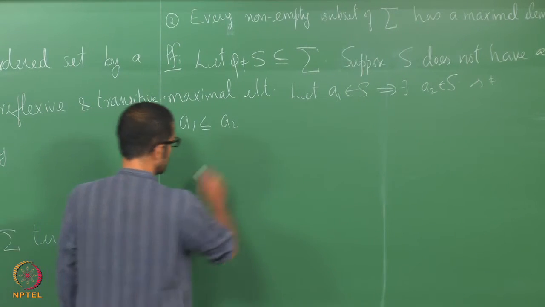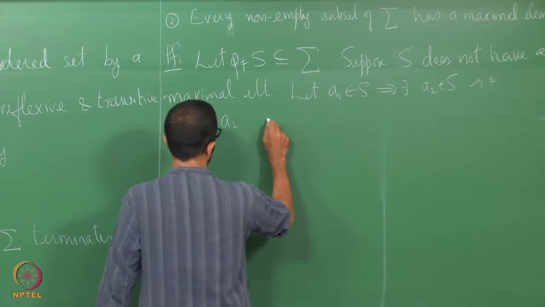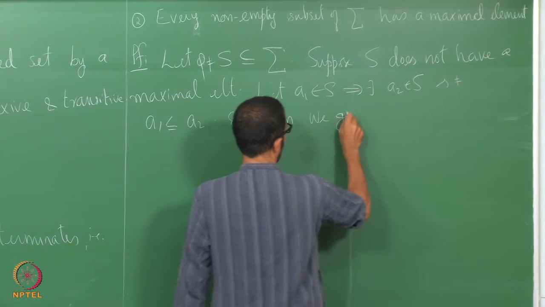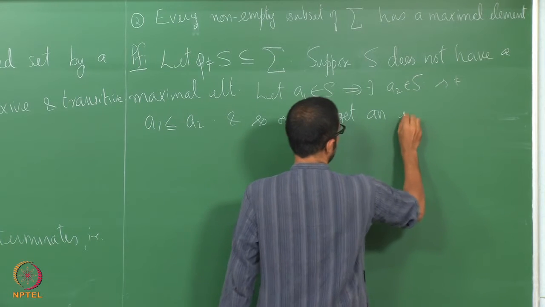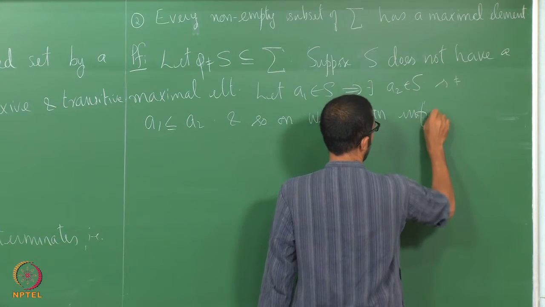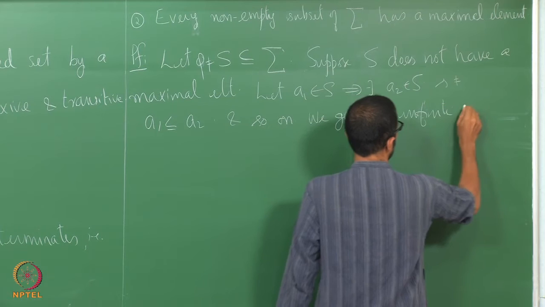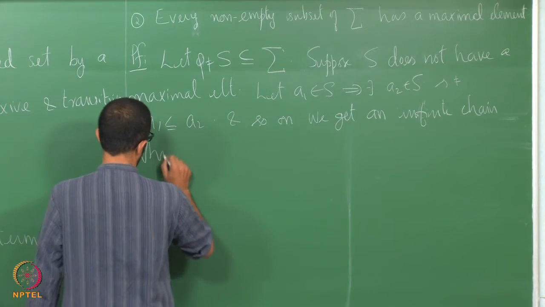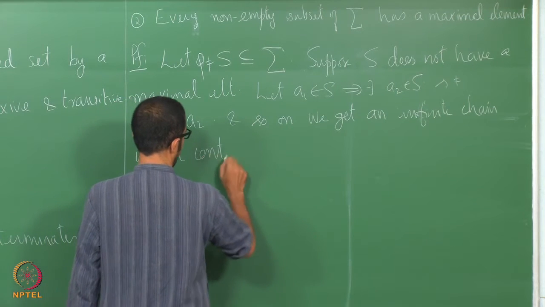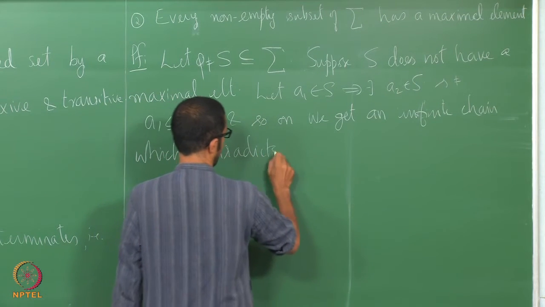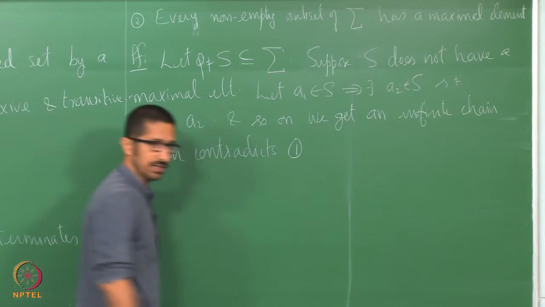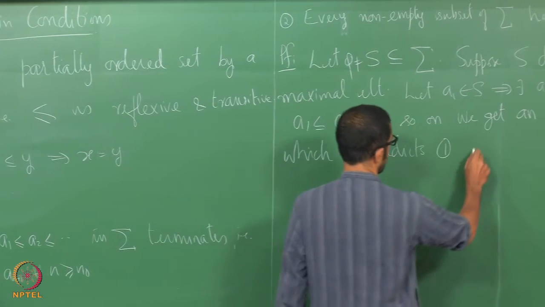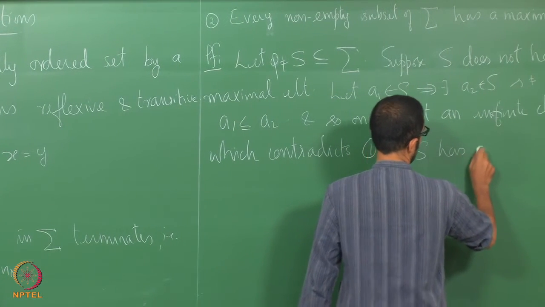So, we get an infinite chain which does not terminate, which contradicts our hypothesis 1. Therefore, S has a maximal element.